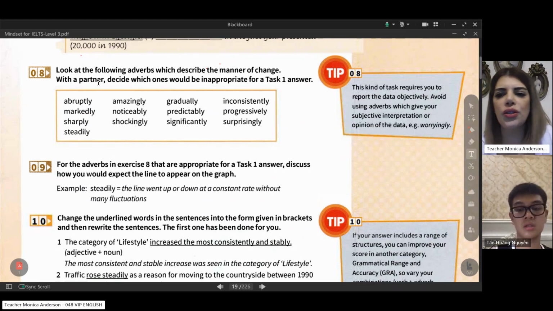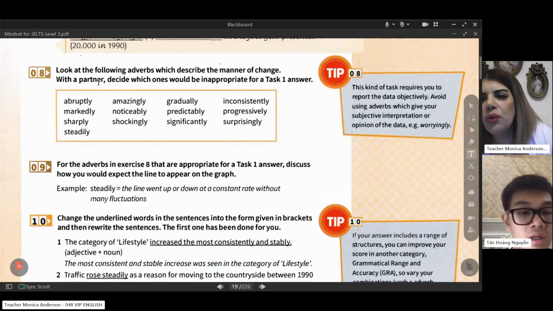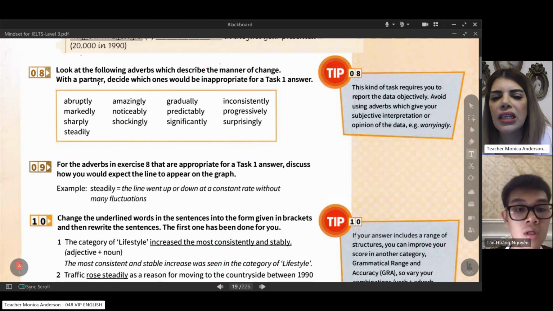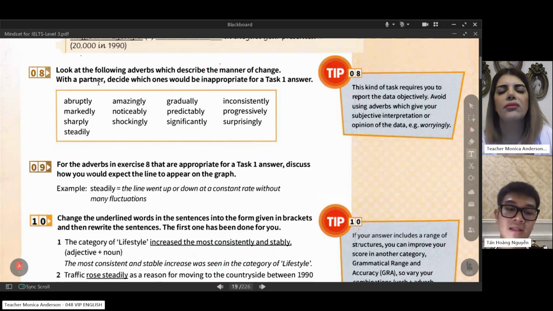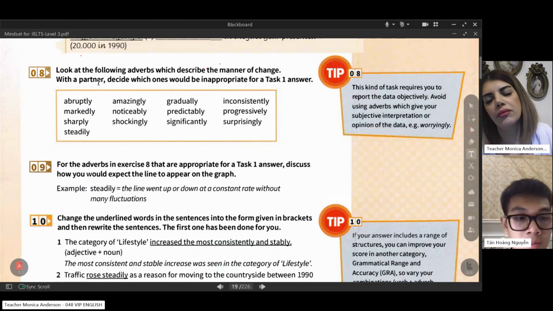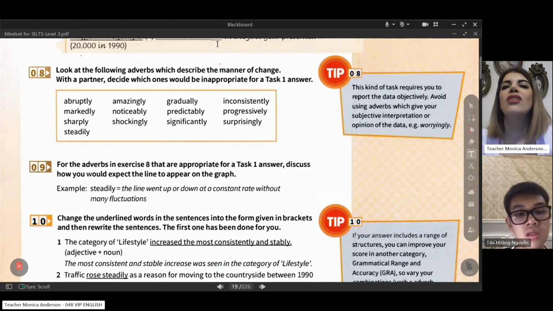And as you know, gradually, for example, is slow, sharply. What is the adjective of abruptly? Abrupt. Just remove the ly. When we have ly, you only need to remove it.